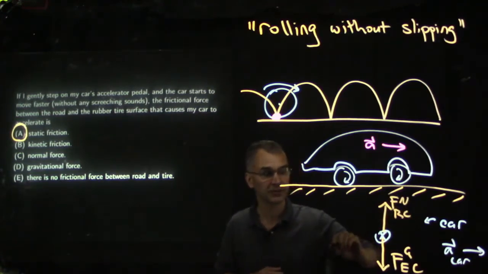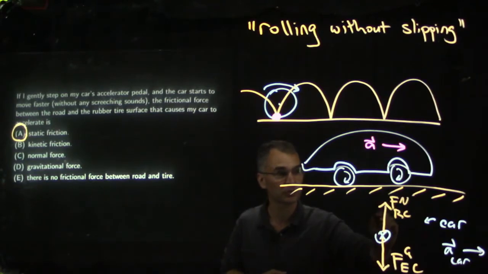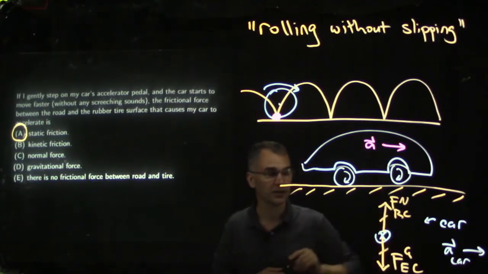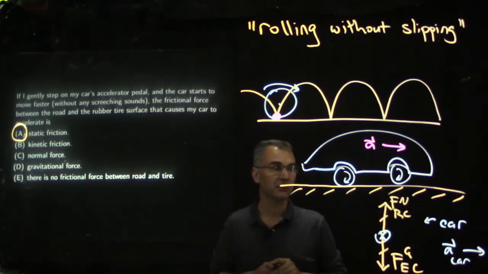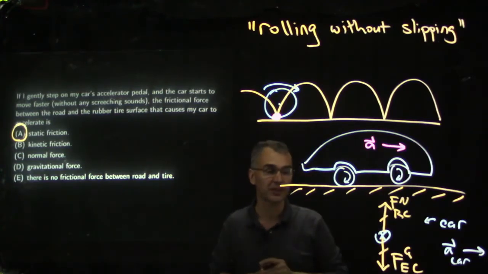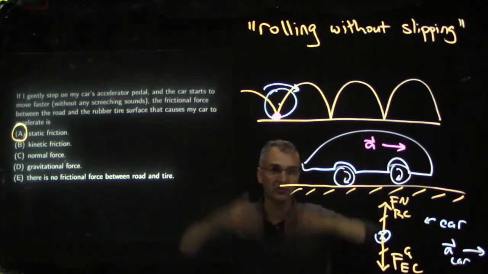That's perpendicular to the surface of the road, so it's called the normal force. These two are equal to one another because if the car accelerates, it'll accelerate forward, not up and down. It's not going to jump up and down.